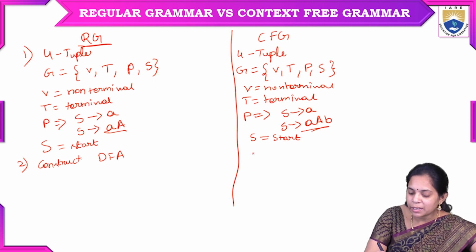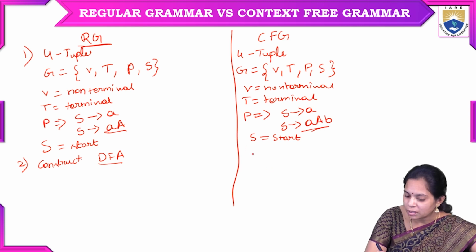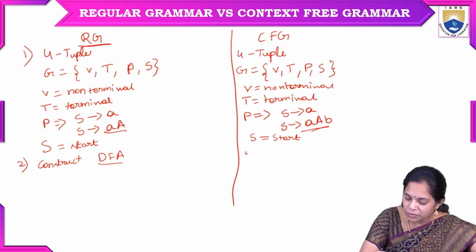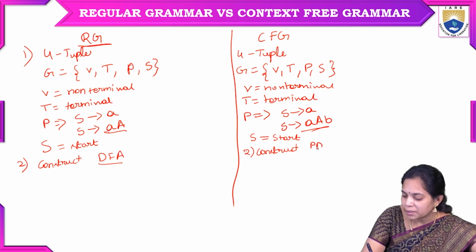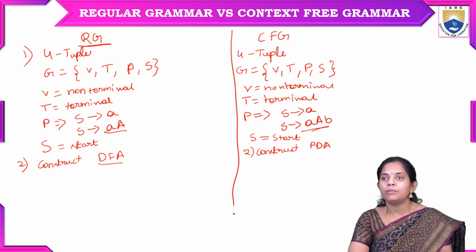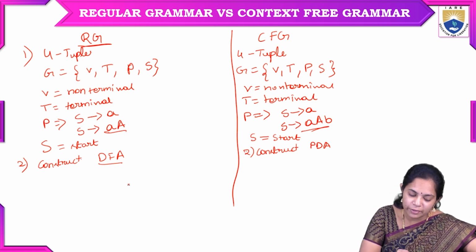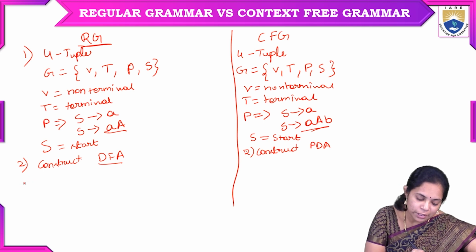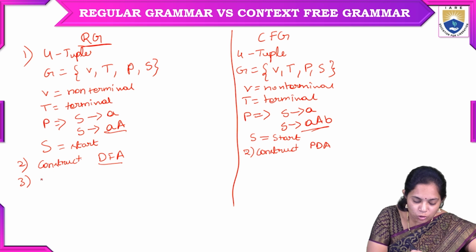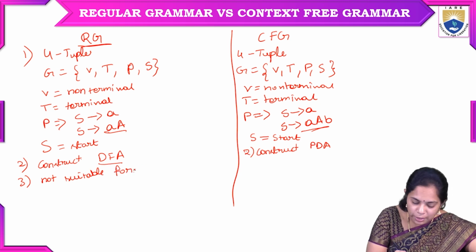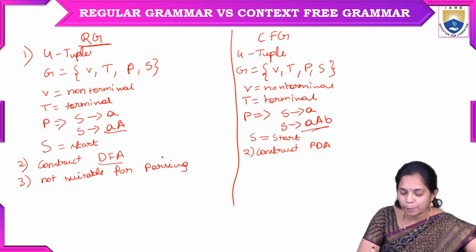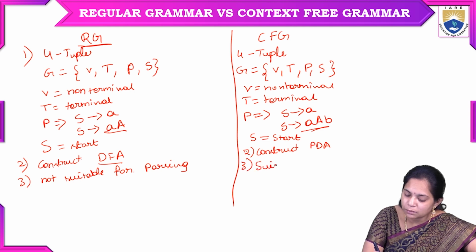And with the context-free grammar, we can construct a PDA, a pushdown automata. The regular grammar is not suitable for parsing, and the context-free grammar is suitable for parsing.